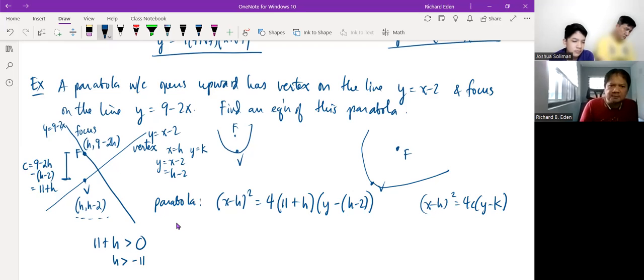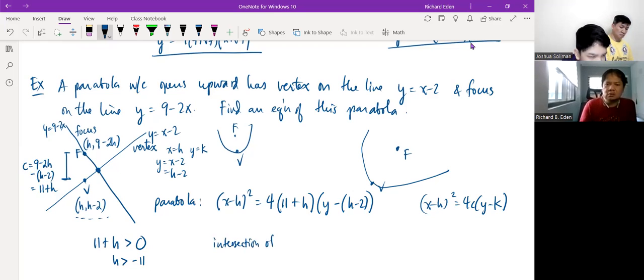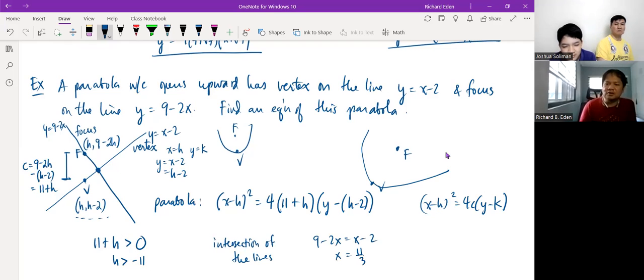Also, ganito, hold on. I'm curious, what's the point of intersection? We can solve that. 9 minus 2x, and then x minus 2. X is 11 thirds.